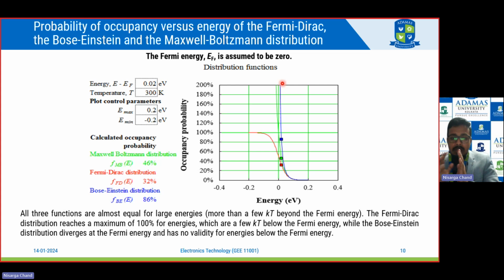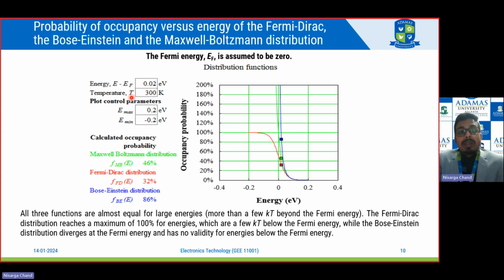And this is a very clear summary of the probability of occupancy versus energy for the Fermi-Dirac, the Bose-Einstein, and the Maxwell-Boltzmann distributions. If we put in the different parameters, we can see the result that we have already experimented with.